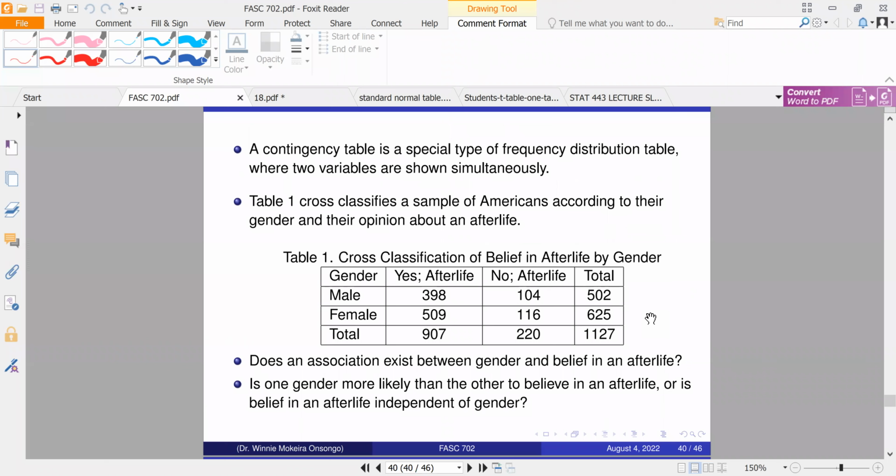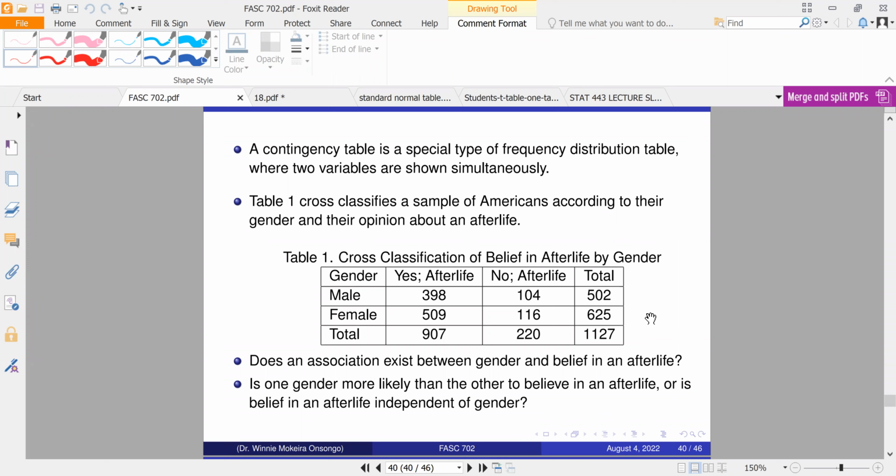Because of the nature of our data, we cannot use the quantitative methods to try and analyze the association between variables. But we have non-parametric tests. By non-parametric tests, we mean that you don't have to estimate a population parameter for you to be able to analyze your data.